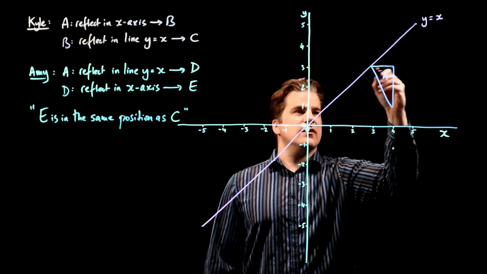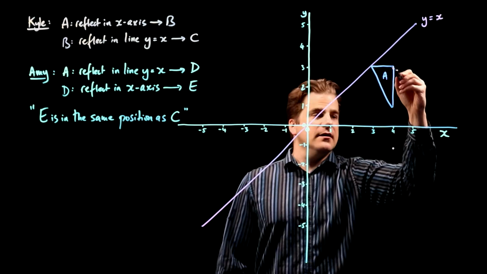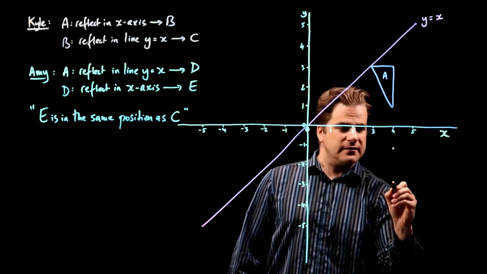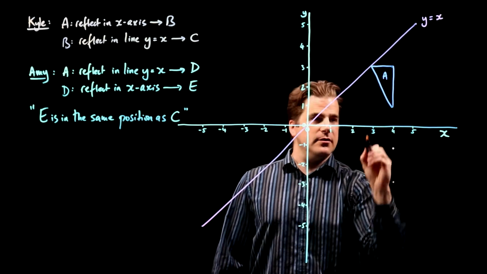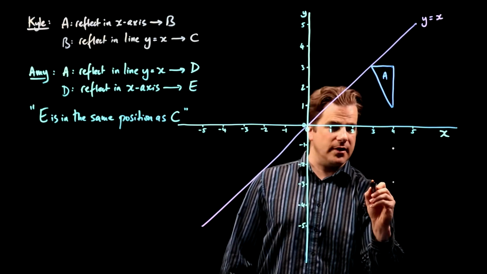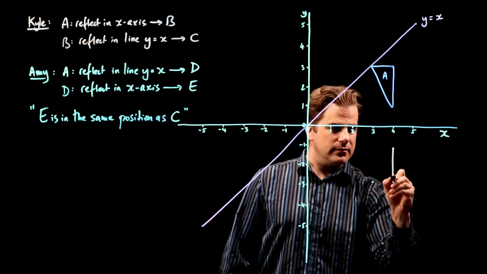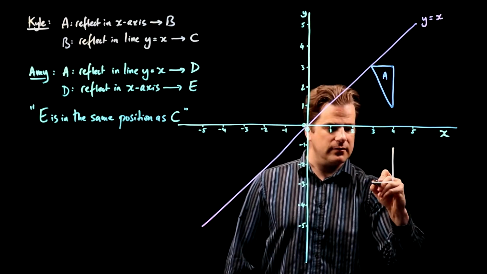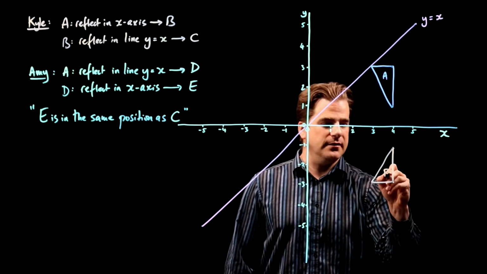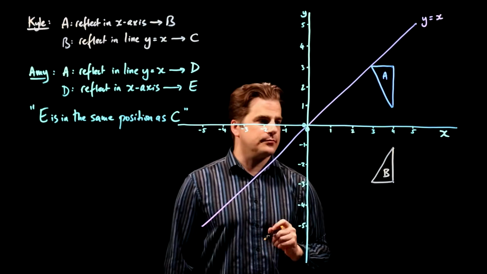That one there, let's do that one first, at (4, 3) is going to go to (4, -3), which is there. And that one must be here, because it's at (3, 3) there, so it's going to be (3, -3). Not too difficult. Okay, and that's triangle B. And then he reflects B in the line y equals x.